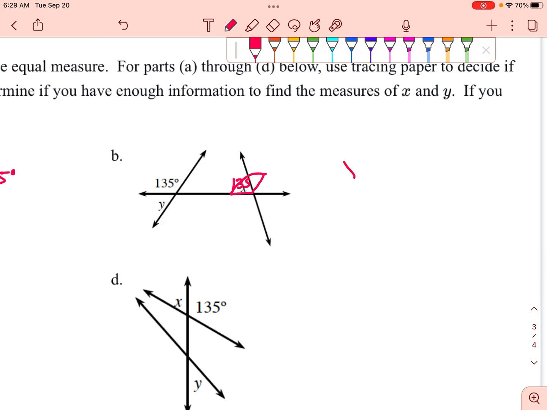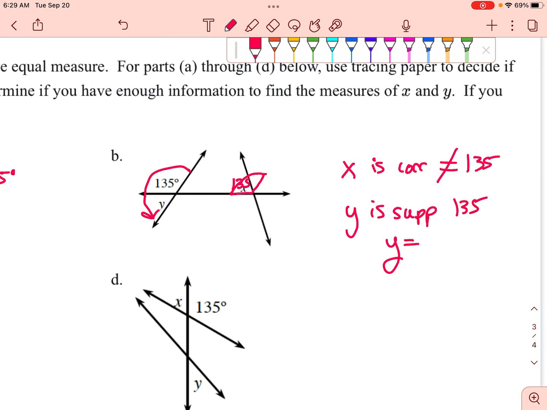It's really weird because X is corresponding, but it's not equal to 135 degrees. Obviously, it looks smaller. And then the Y, you can see the Y is supplementary with 135 degrees. So that means my Y is equal to 180 minus 135, or 45 degrees.